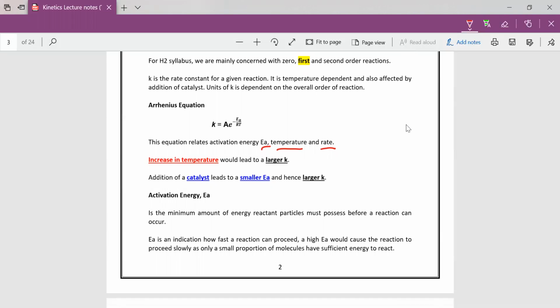Okay, next we look at activation energy, Ea. What is it? It is the minimum amount of energy reactant particles must possess before the reaction can happen.